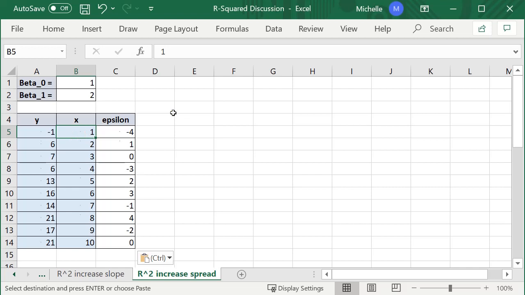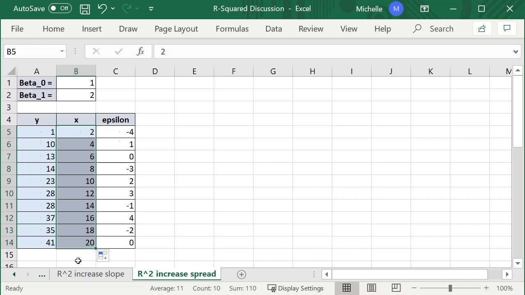What I mean by that is, instead of x being from 1 to 10, let's make it from 2 to 20. I'm going to do even numbers. I think if I do a few even numbers and highlight it, Excel gets the pattern and I can fill it all in. Okay, y was automatically updated.